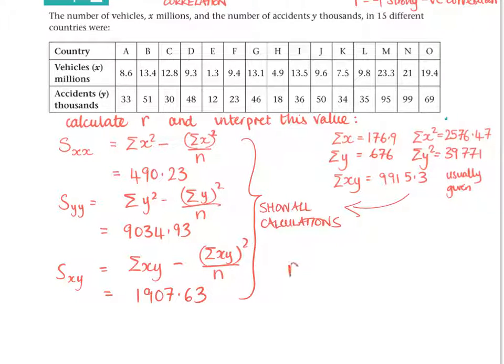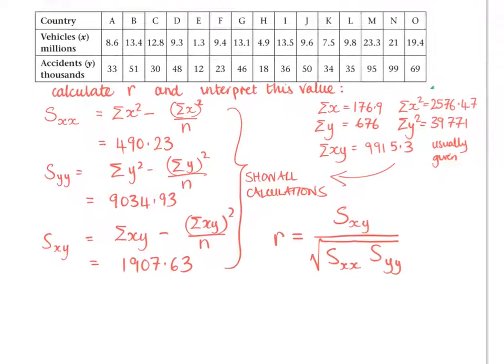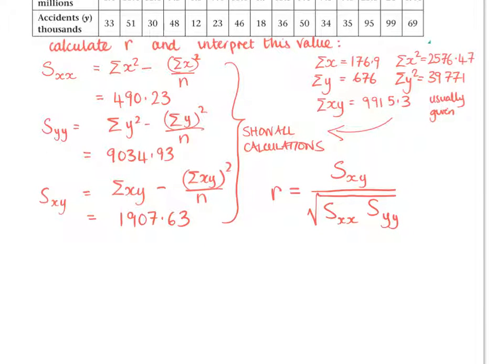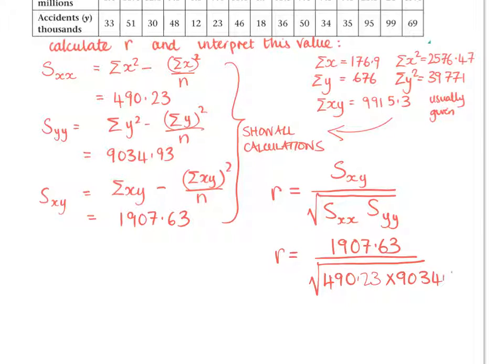So we want to work out what r is, and r is given in the equation, remember, so it's the covariance of xy over the square root of the covariance xx times yy. So take those values, pop them in, and you get 1907.63 divided by the square root of 490.23 times 9034.93.